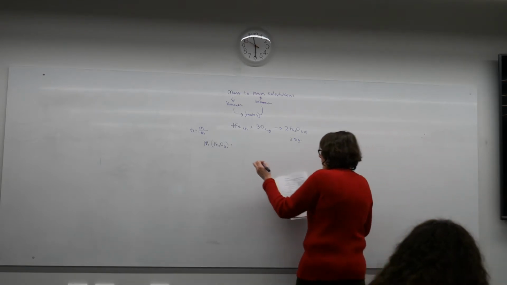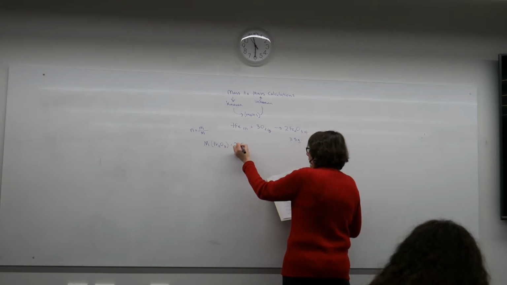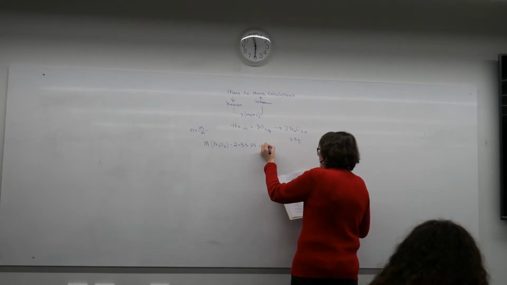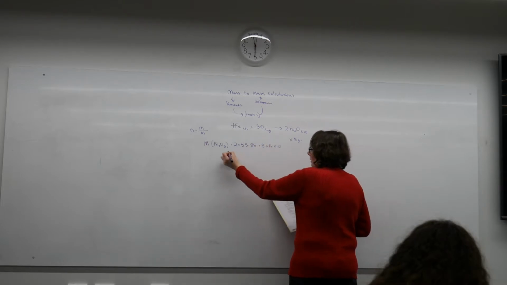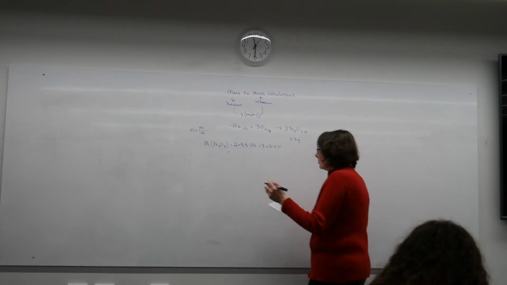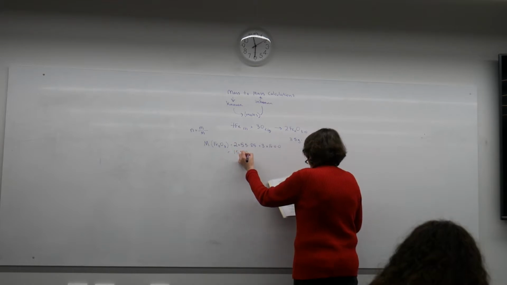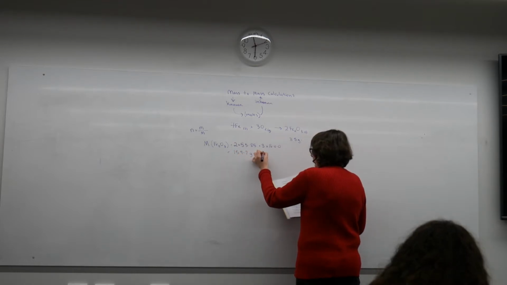But if I look in here, I can just do a shortcut. I'm going to need 2 lots of iron and 3 lots of oxygen, Fe2O3, and this will give me a molar mass of 159.7 grams per mole.